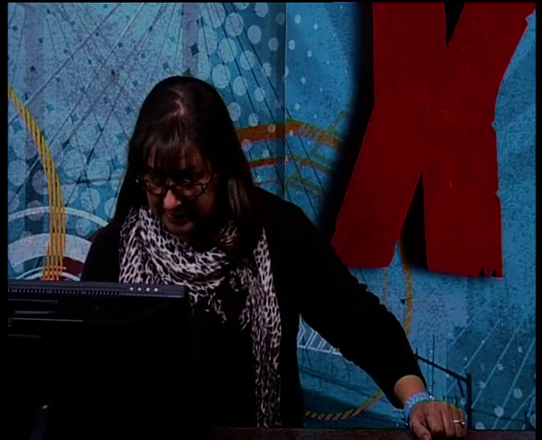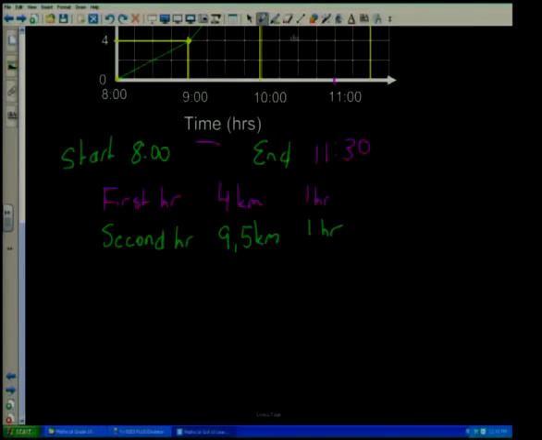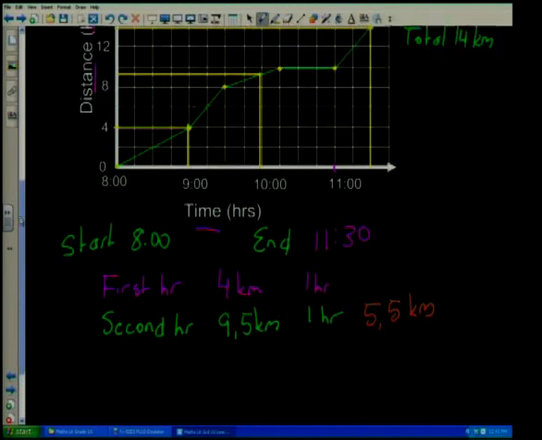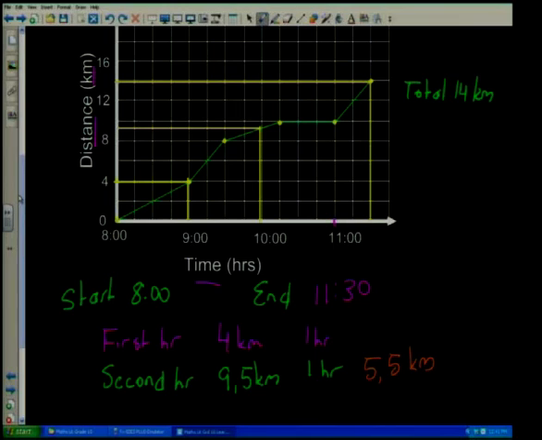So how many kilometers did she go in this hour? Let's get a different color pen. In this hour, we've got 9.5 minus 4, so she went 5.5 kilometers in the second hour. And then in our third hour, well, she hardly moved at all. I want to discuss this point here where she's actually just stationary, I think.